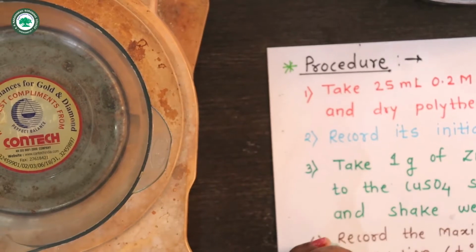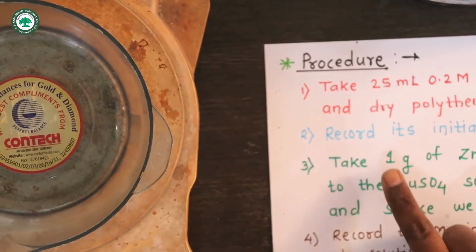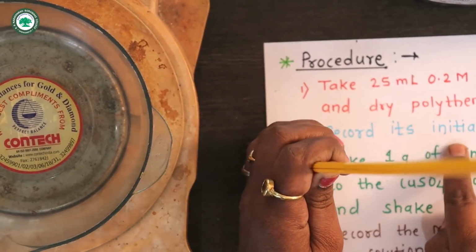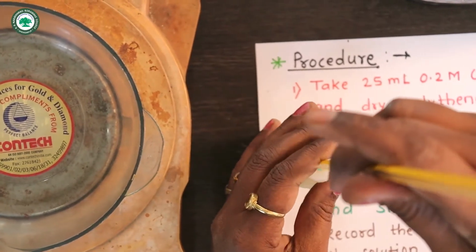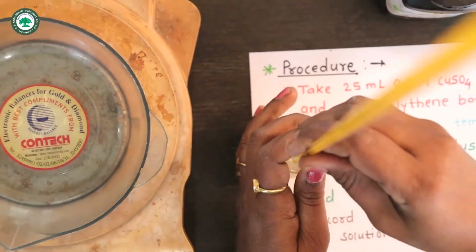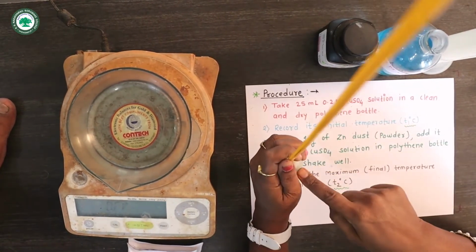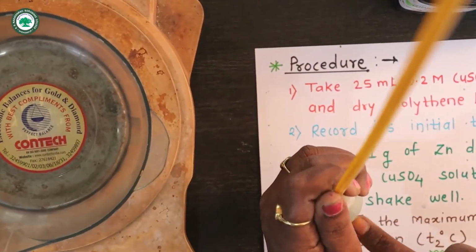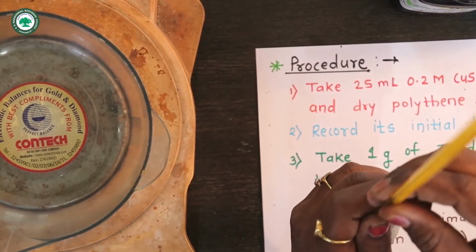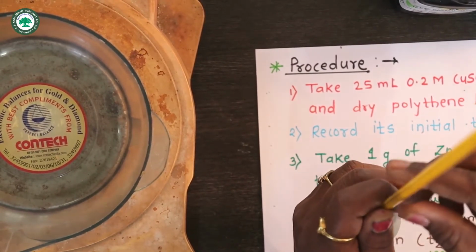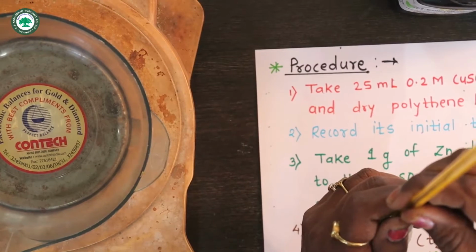Now let us see the second point from the procedure. We have to record the initial temperature of this copper sulfate solution taken in the polythene bottle. Now the thermometer is inserted in this polythene bottle. We have to wait for some time for the thermometer to reach the temperature, and then record it.